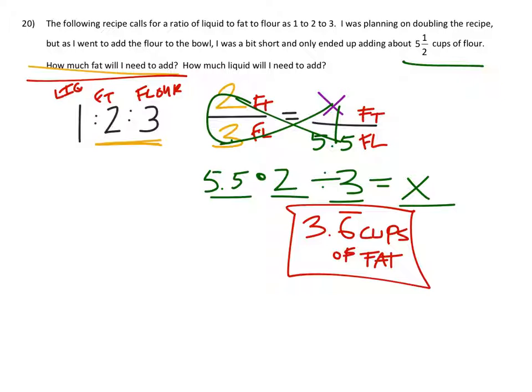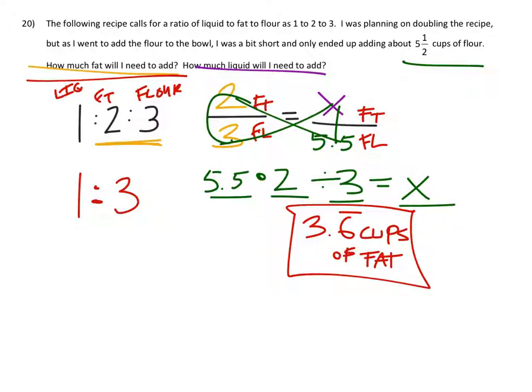Well, how much liquid do we need to add? So liquid, we can see there is 1 part, and we only know, well, we started knowing how much flour. We do have the amount of fat now, but let's just start with what we knew. 3 parts for flour, right?